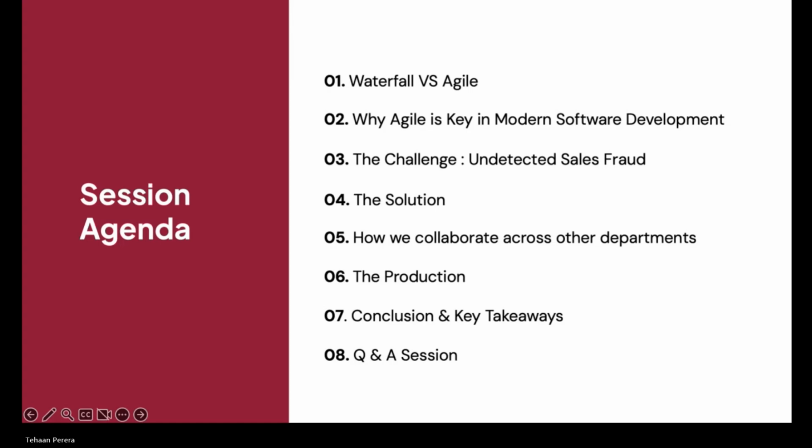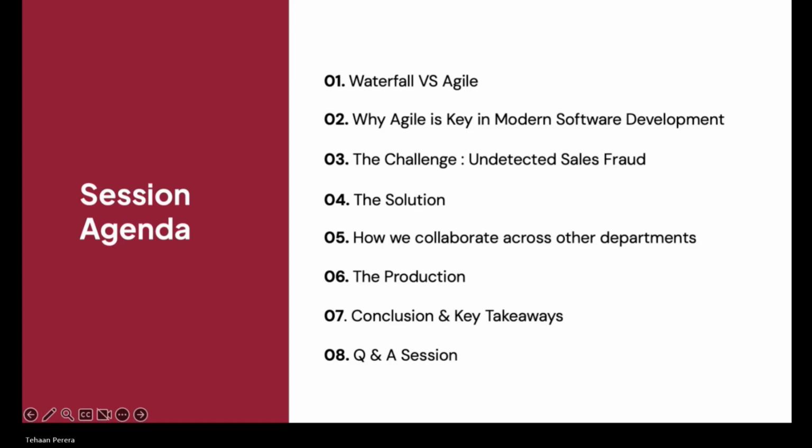To give you an overview of what we would be speaking about, first, we would start with explaining the different software methodologies and what waterfall versus agile is, and then we would talk about why agile is key in modern software development.